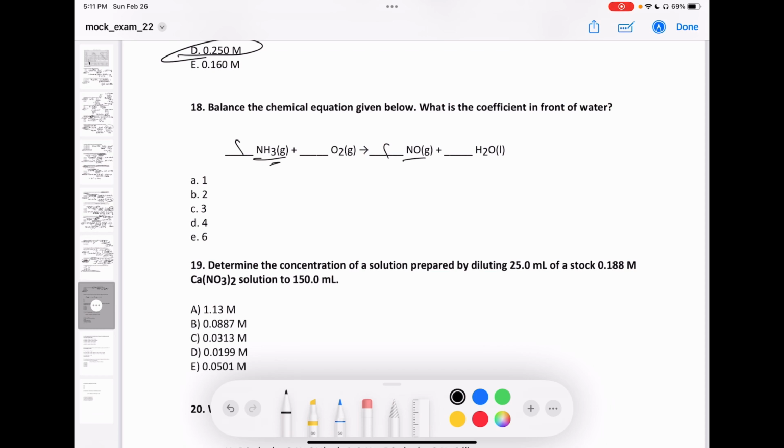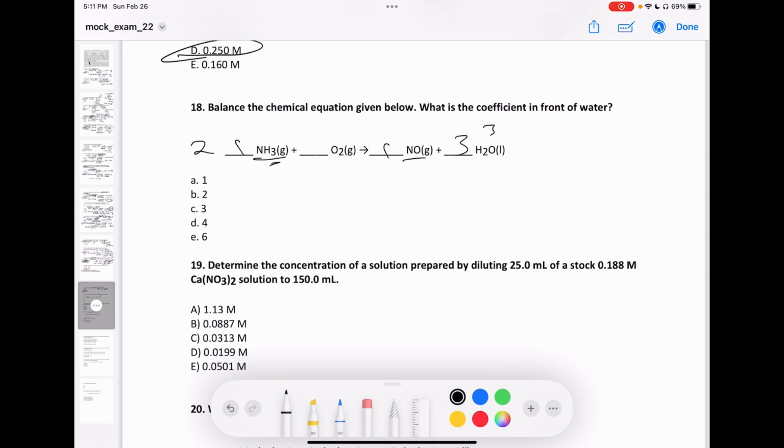So what that means is that you have to find their, what is it, least common denominator or whatever it is. So then you're gonna multiply this by 3 and this by 3. All right, let's redo that. Multiply this by 2 and this by 3, so that you'll get 6 hydrogen and 6 hydrogen on both sides.